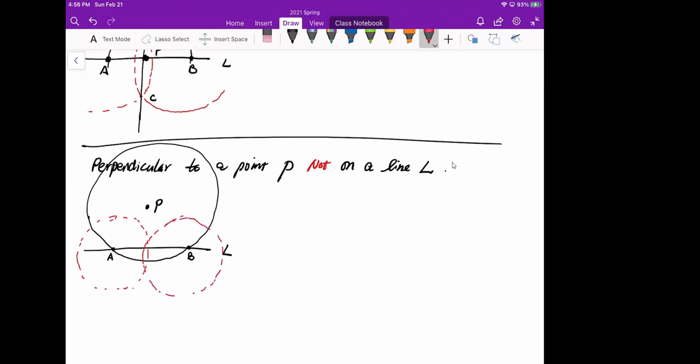Again, the radius of the circle should be not too big, not too small. And then you get a point C here. So that's your point C. Then you just connect P with C, and you are done, right? It's the same idea, the same proof. Okay, can you tell me why this is true here?